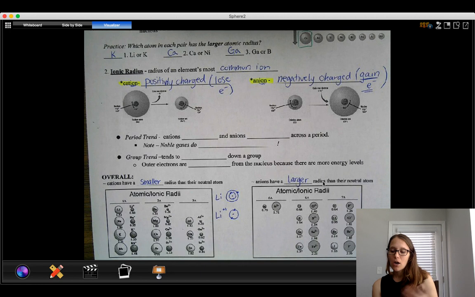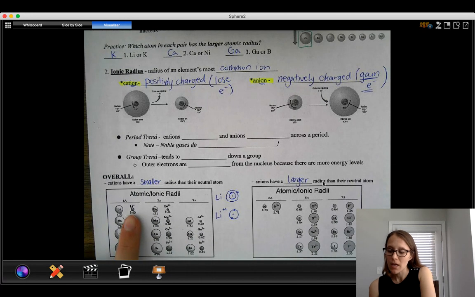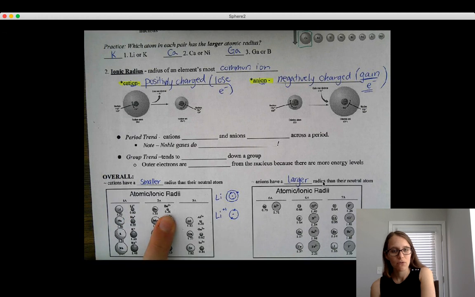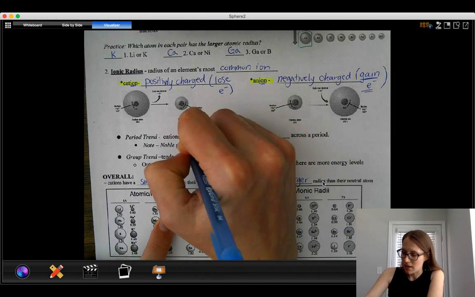If we compare across a period and across a group, so if we look across here, for example, and we compare lithium +1 to beryllium +2 as I move across the period, the cation here is getting smaller. So that's the same trend that we saw before.